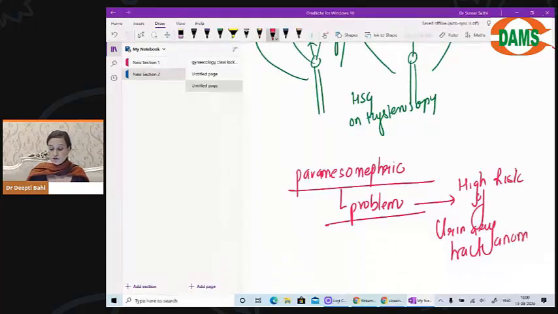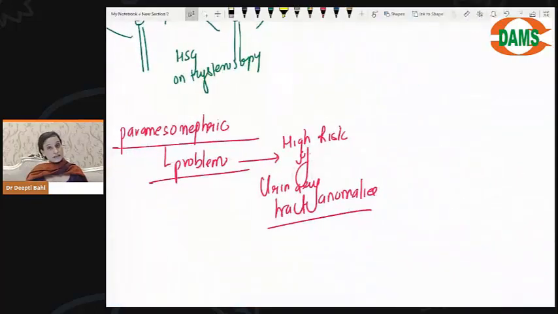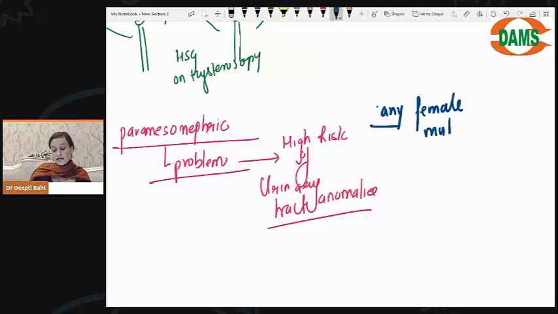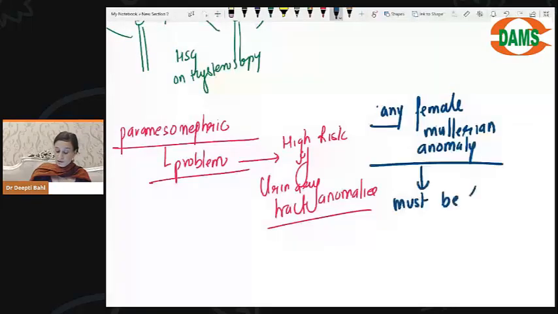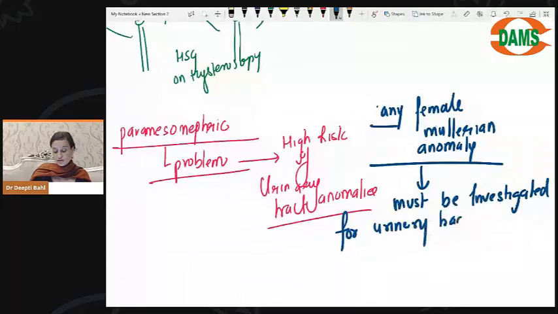So any female who has Mullerian anomalies has a very high risk of urinary tract anomalies as well, which means any female with Mullerian anomaly must be investigated for urinary tract anomalies.